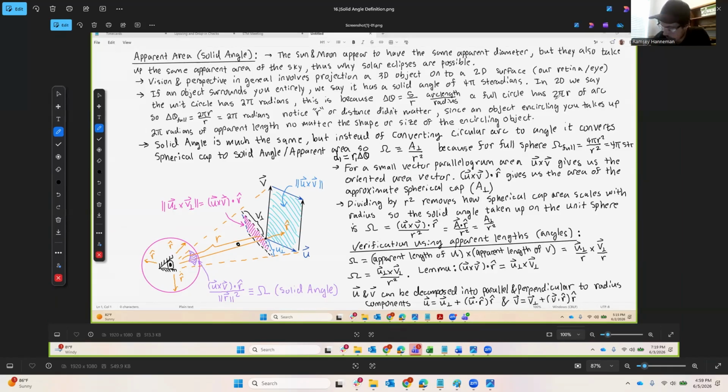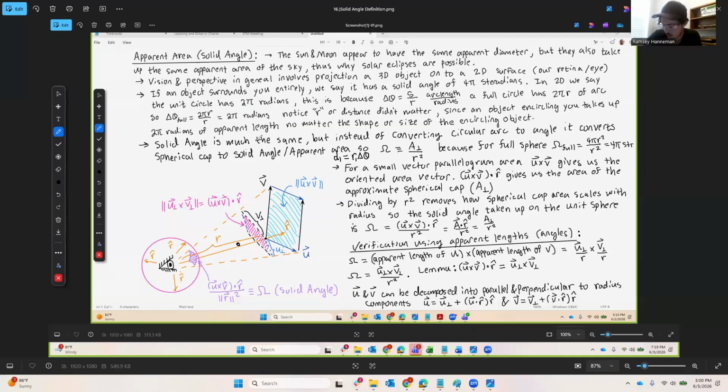Because a full circle has 2 pi r of arc length, delta theta full is just 2 pi r divided by r, which is just 2 pi radians. So it doesn't matter what its radius is. If it surrounds you, it's taking up 2 pi radians. Whether it's a hat or a mountain range, it's all 2 pi radians.